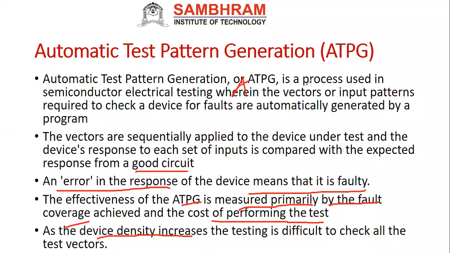A 4-bit is easy, and 8-bit is also somewhat easy, only 256. But if it is 16-bit, it goes beyond 65,000 test vectors required. It is very, very difficult. So for that, we have to go for some other testing method.